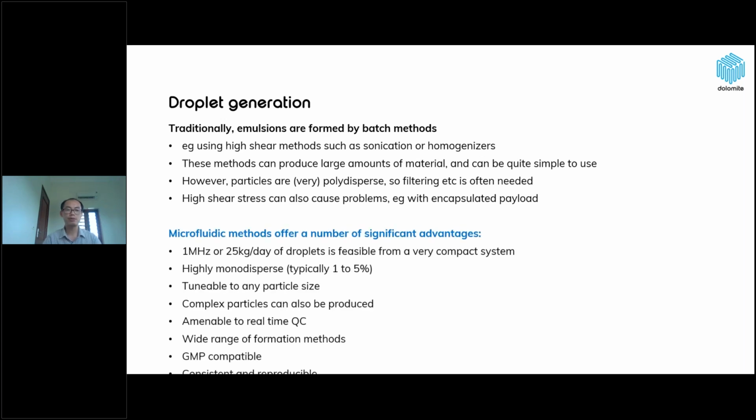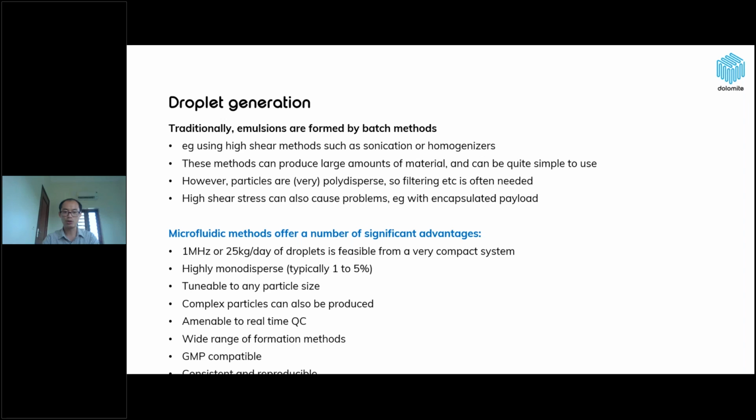Microfluidic methods offer a number of significant advantages. They can have a production rate of up to 25 kilograms per day of droplets, and they can generate very highly monodispersed particles and droplets, typically with 1 to 5% variation, tunable to any particle size.